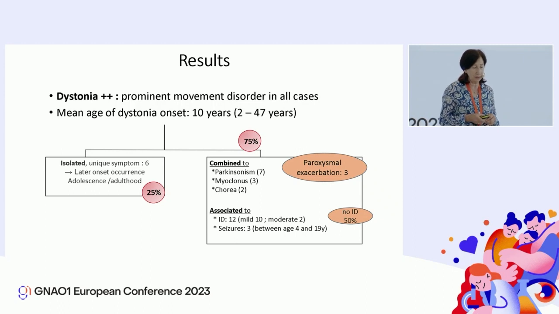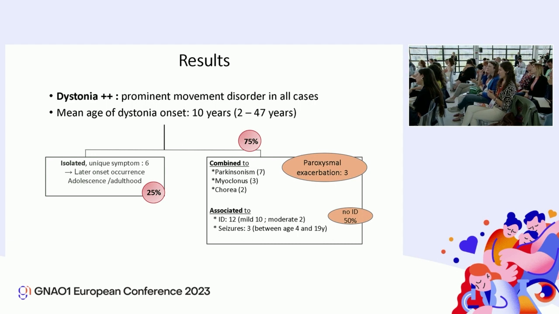So dystonia was the predominant movement disorder in all patients, with a mean age of onset of 10 years, ranging from 2 to 47 years.